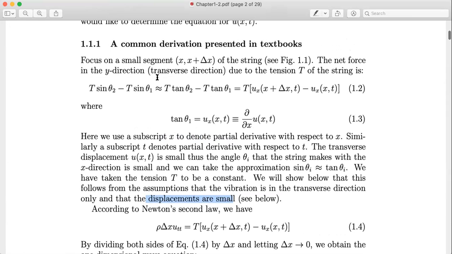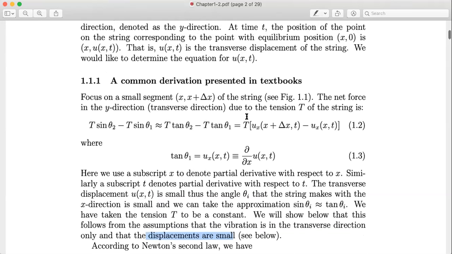Now you see we use the approximation that the displacement is small. But displacement small means this angle is small, so sine theta is approximately tangent theta. And tangent theta is just the partial derivative of u with respect to x. By the way, about the notation, I use the subscript x to represent the partial derivative with respect to x.